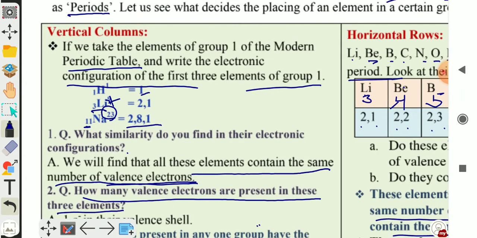Electronic configuration is written here: 1, 2 1, and 2 8 1. What are the similarities between these three? All these three elements have one valency electron in their outermost orbit.